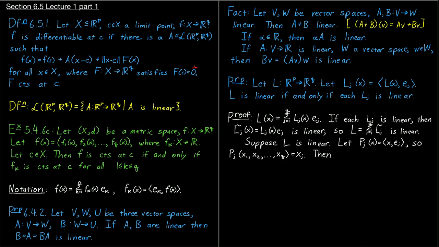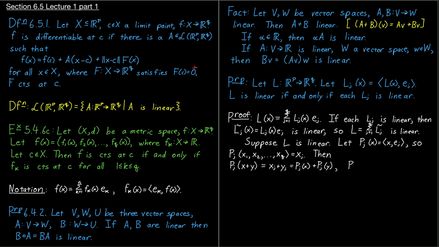Then we have that pj of x plus y, that's the jth component of x plus y, that's xj plus yj. That's pj of x plus pj of y.